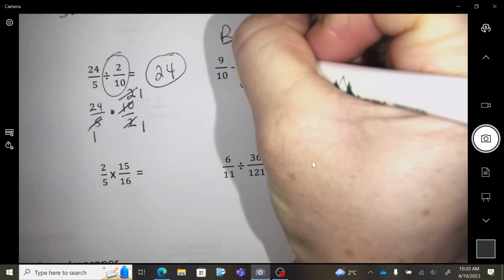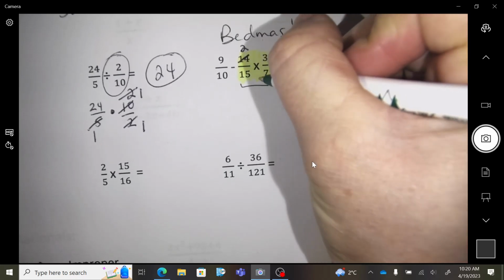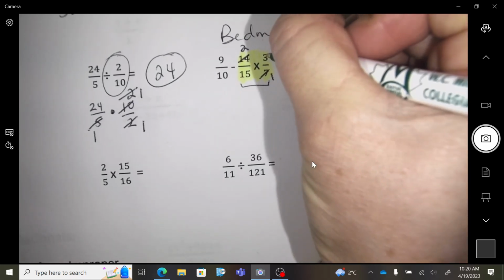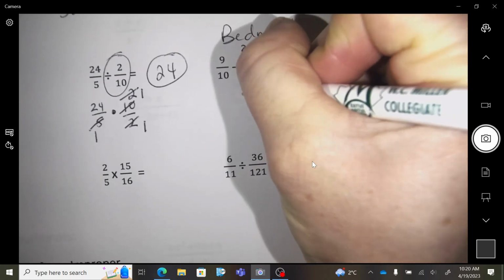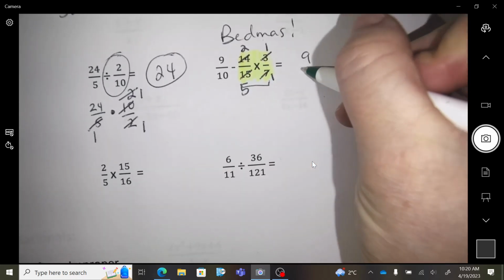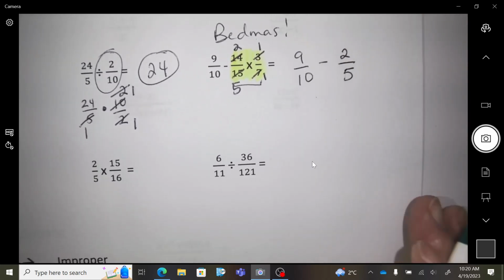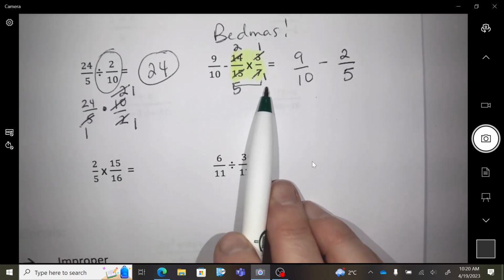So 14 divided by 7 is 2, 7 divided by 7 is 1. Then I'm still going to reduce. 3 and 15 are both divisible by 3. So that's going to be a 1, and that's going to be a 5. Okay, so all of that reduced to 2/5.